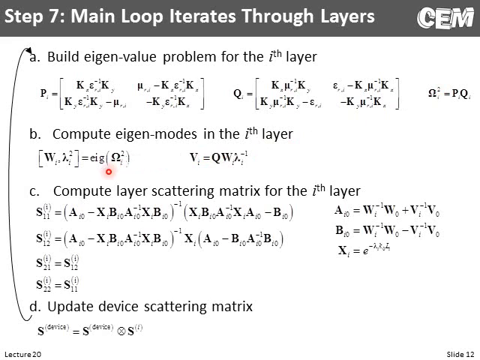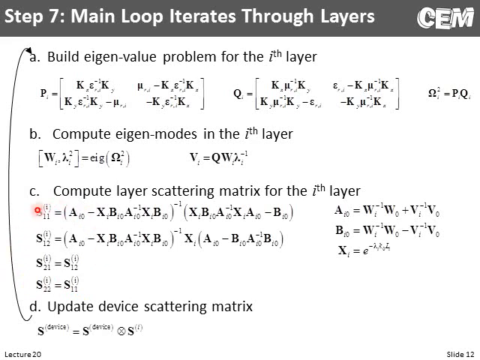Then we'll calculate the eigenmodes with the MATLAB function eig, and out comes all the eigenvectors and eigenvalues. We'll calculate the eigenvectors of the magnetic fields. Now we have all the parameters we need to calculate the scattering matrix for the ith layer. Since ours are symmetric, we really only have to calculate S11 and S12, because S21 and S22 are the same as S12 and S11.